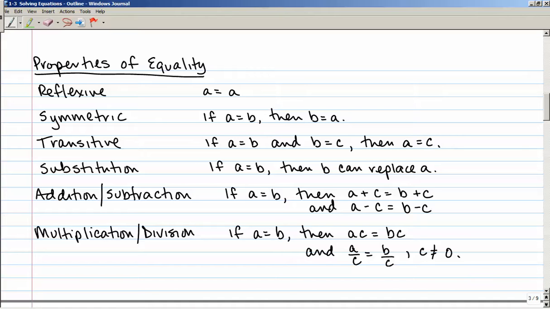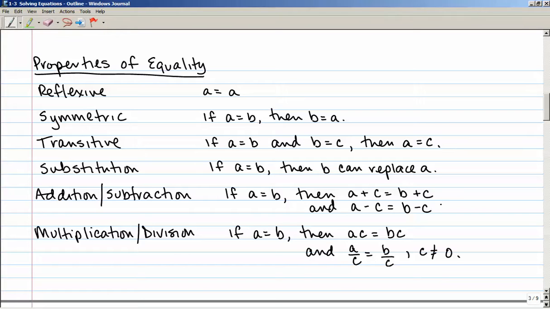Addition and subtraction properties. If A equals B, then A plus C equals B plus C, and A minus C equals B minus C. In other words, I can add the same thing to both sides of an equation, and it remains true, or I can subtract the same thing from both sides of an equation, and it remains true. Multiplication and division properties.